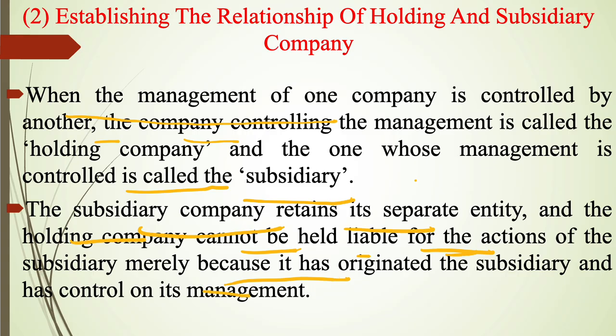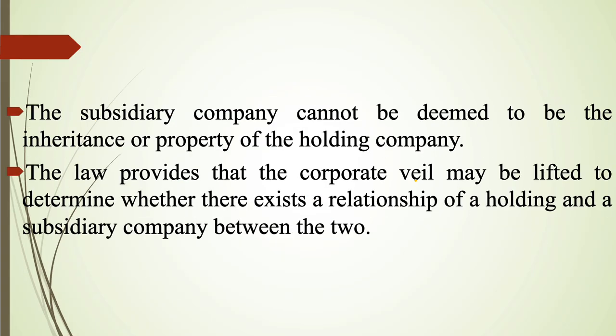So where there is a holding company and a subsidiary company, the holding company is the main company and the controlled company is the subsidiary. In this case, the subsidiary company has its own separate entity and the holding company is not liable for the actions of the subsidiary company. The subsidiary company cannot be deemed to be the inheritance or property of the holding company.